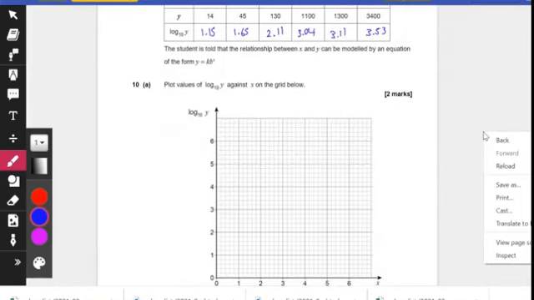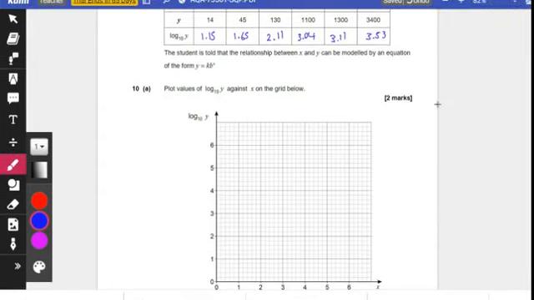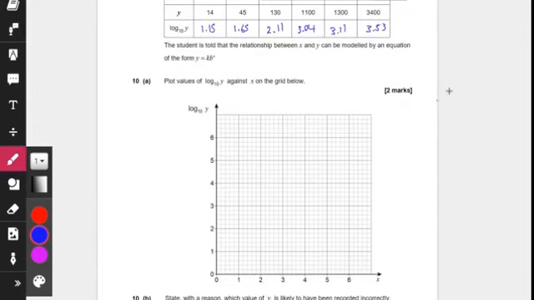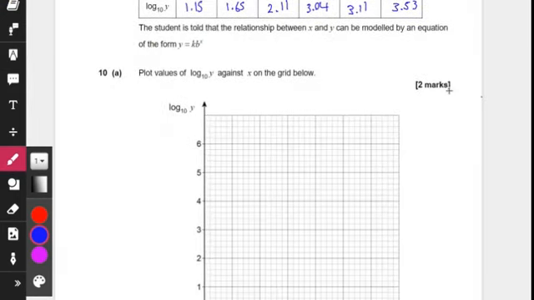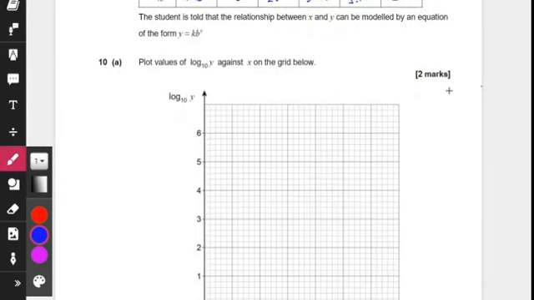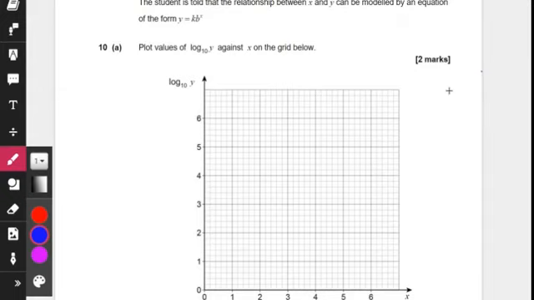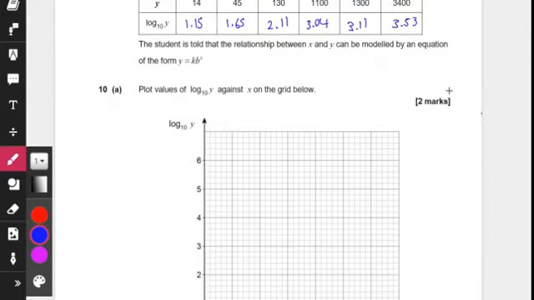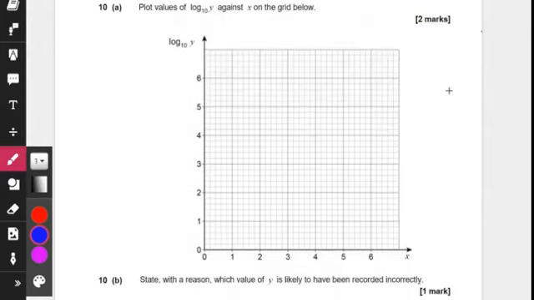I don't know if people can still see that. In fact, let me make it full screen. Okay, so for x, does it go 1, 2, 3, 4, 5, 6? Yep. So I'm just going to plot.